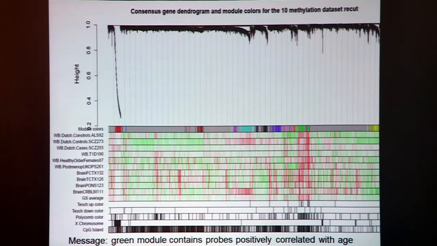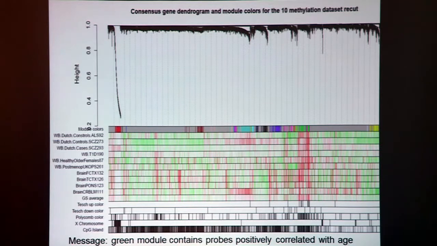Remember, the CpGs on the X chromosome from women are more highly methylated. It's a mechanism to facilitate X chromosomal inactivation. So if you have methylation data that contain both men and women, you will find one really distinct module.